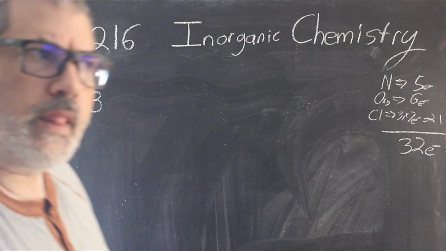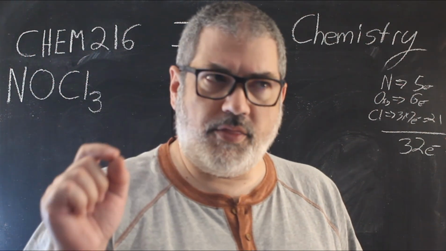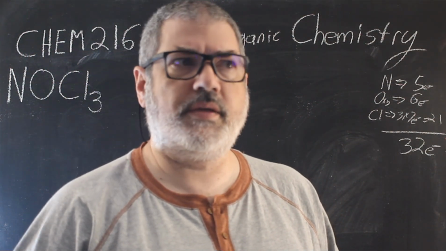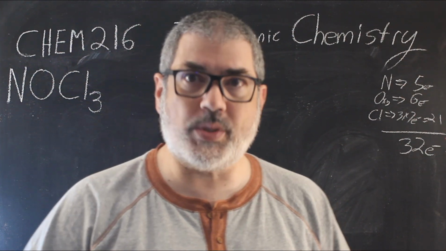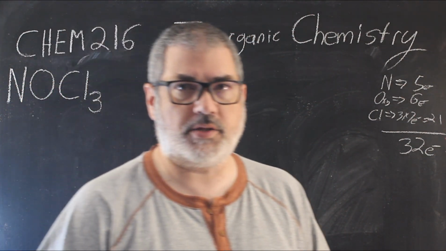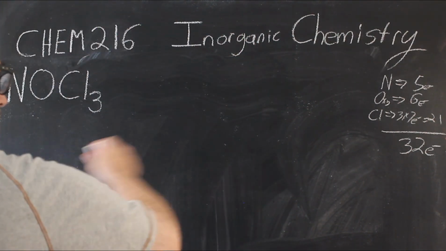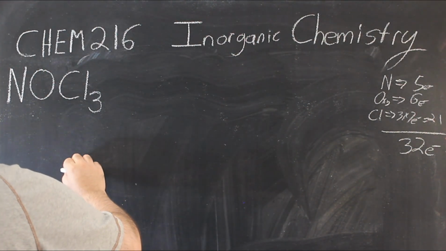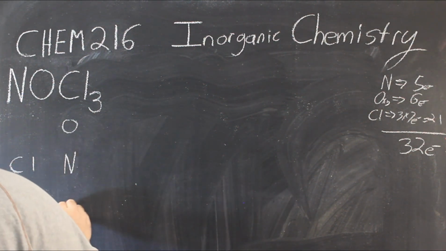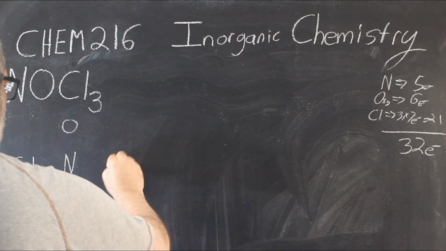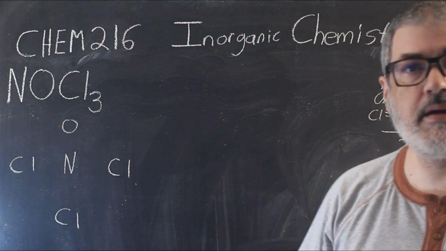Now, again, the drawing that I'm going to start with does not necessarily correspond to the 3-dimensional structure of the molecule. But we're just doing a Lewis dot structure. So there are my atoms.